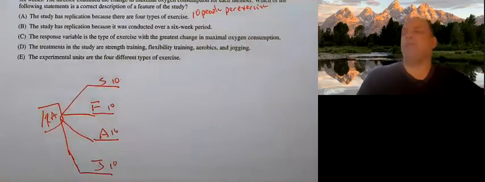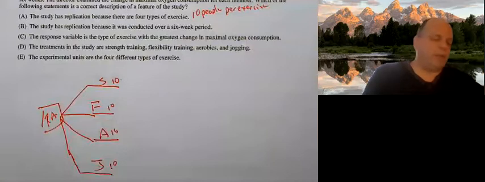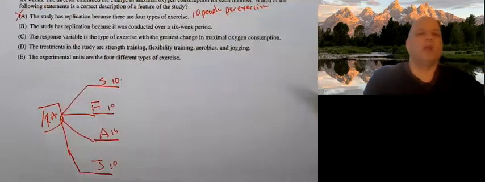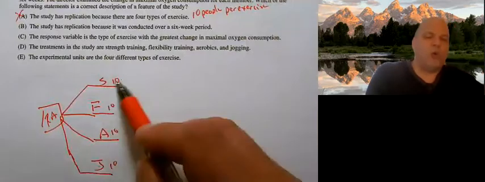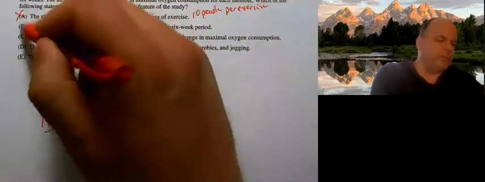Basically, the 10 people were the subjects or the experimental units. And because we had more than one experimental unit for each treatment, we had replication. So this is false. The study has replication because it was conducted over a 6-week period. No, once again, the replication is the 10 people.